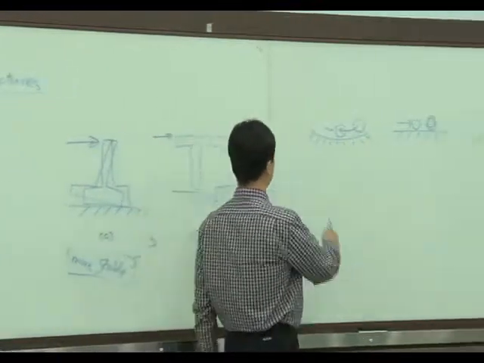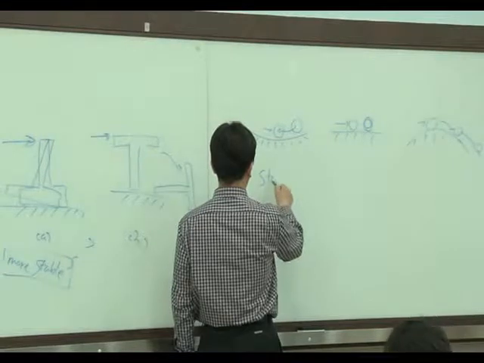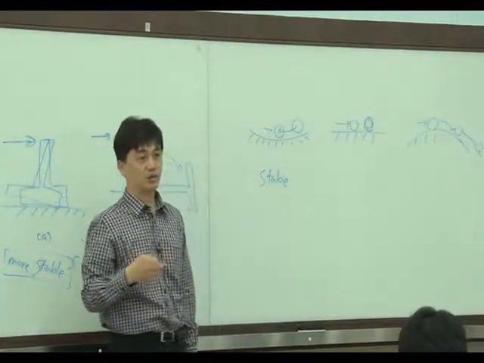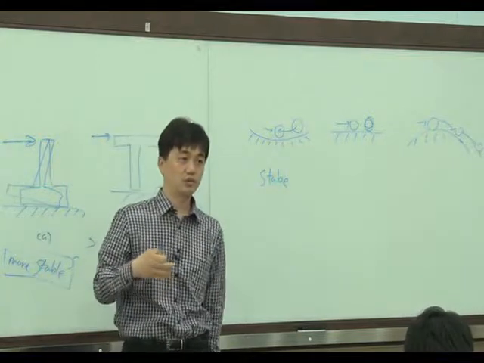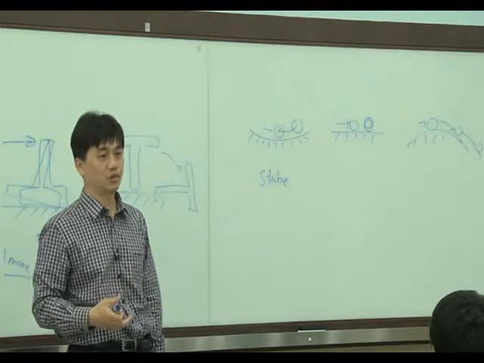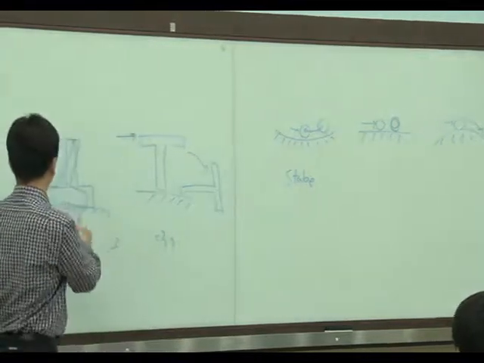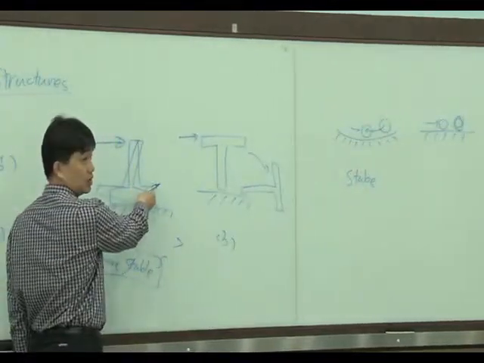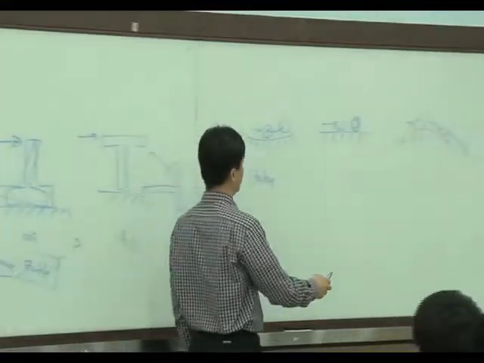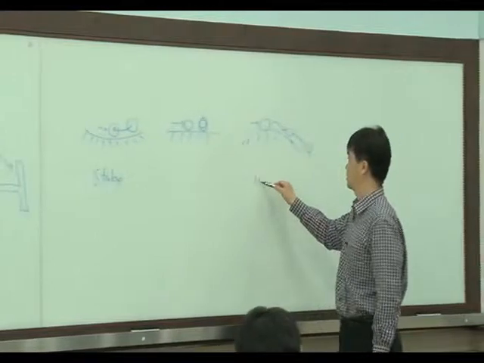So we are saying this is stable, because when unloading it goes to the original position. In this case also, if I unload, it will go to the original position, right? And this case is unstable.